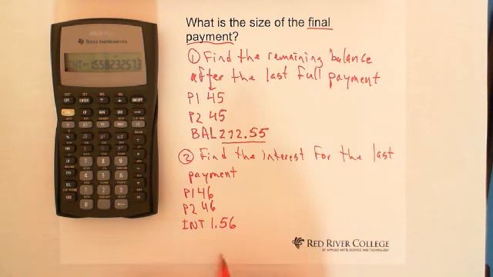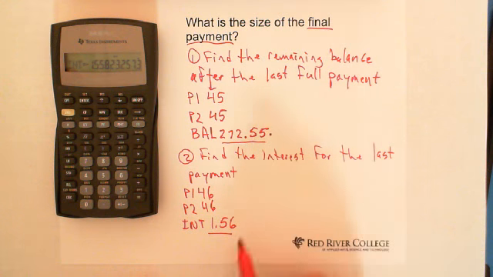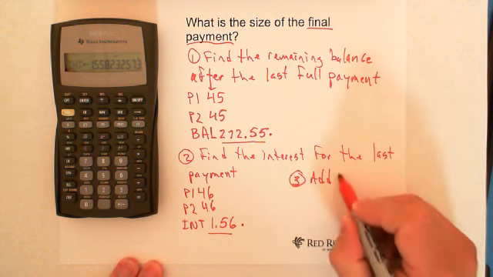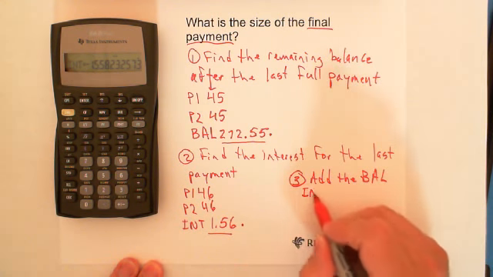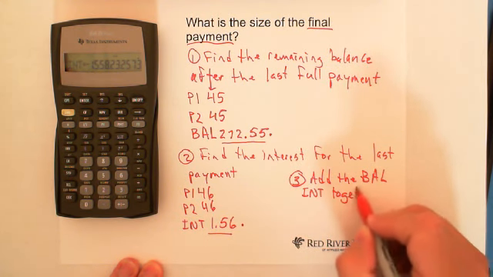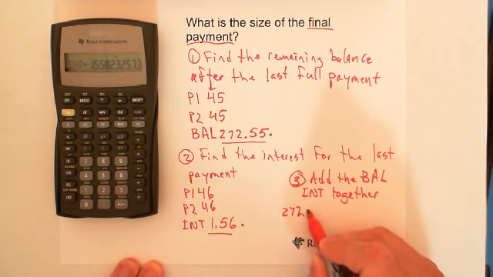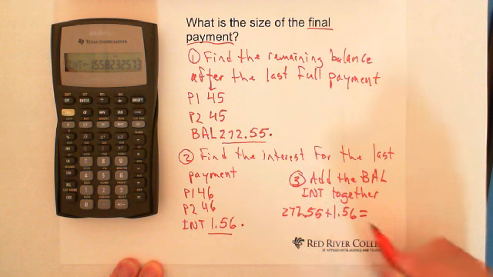Now that we have the principal portion, $272.55, and the interest portion of $1.56, the final step is to add the balance and the interest together. So we're going to take $272.55 plus $1.56.